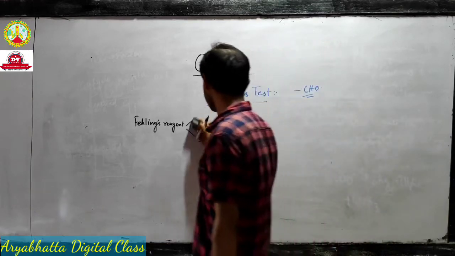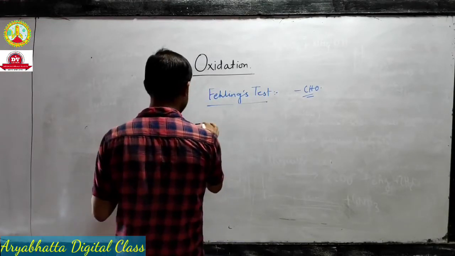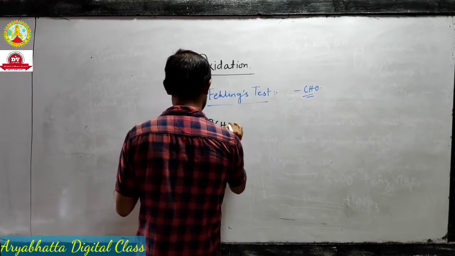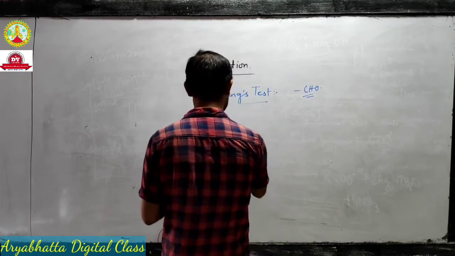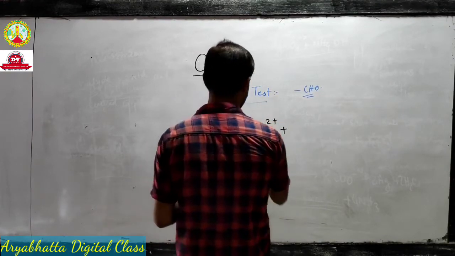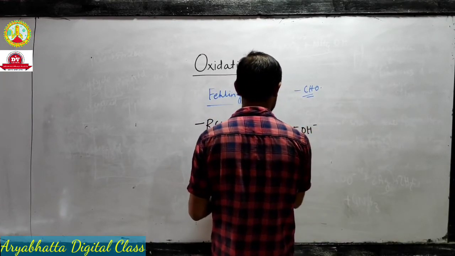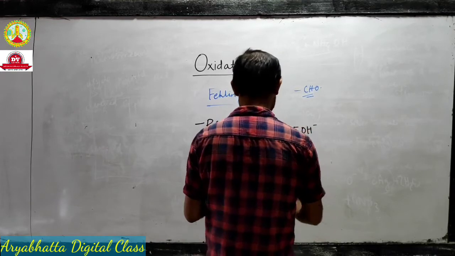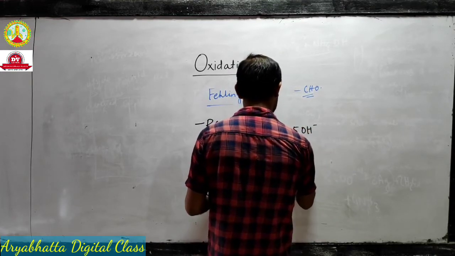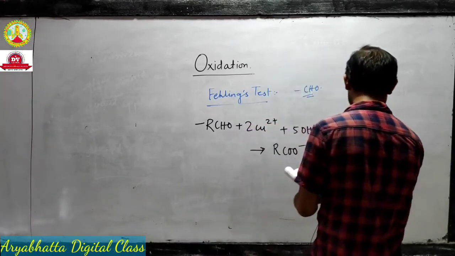How will we perform the test? Let's see. We have an aldehyde, and then we have copper ions from the copper sulfate, and hydroxide ions from the Rochelle salt alkaline solution, and it will give us cuprous oxide and water.